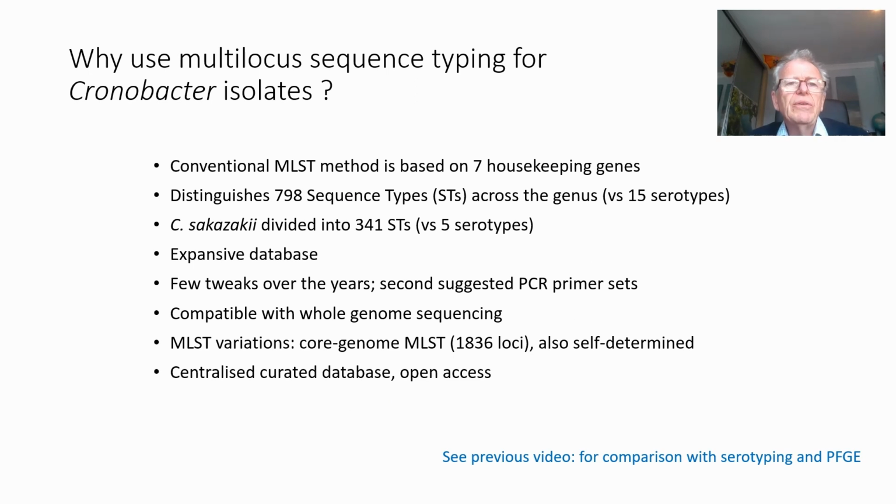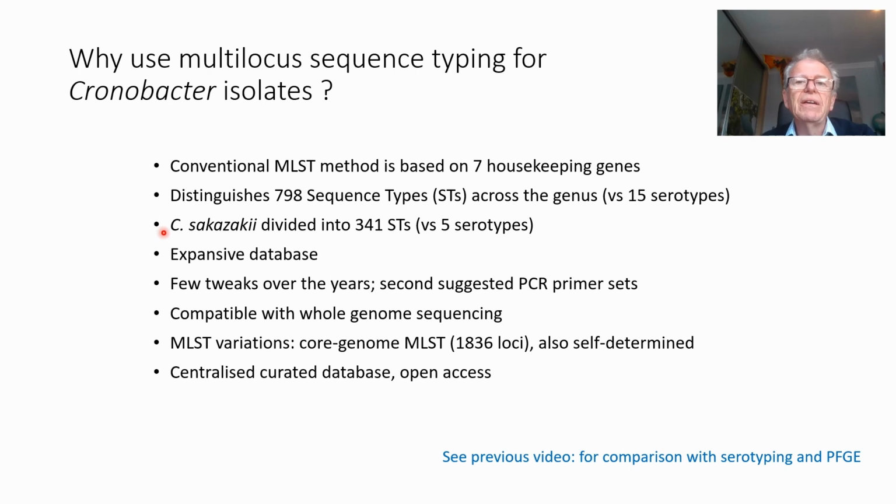So why use MLST? Well, if you want to see the comparison with serotyping and pulsed field, then please see the previous video. But to summarize, PubMLST started with regard to using 7 housekeeping genes, and at present we have over 700, almost 800 sequence types across the genus, which is composed of 7 species.